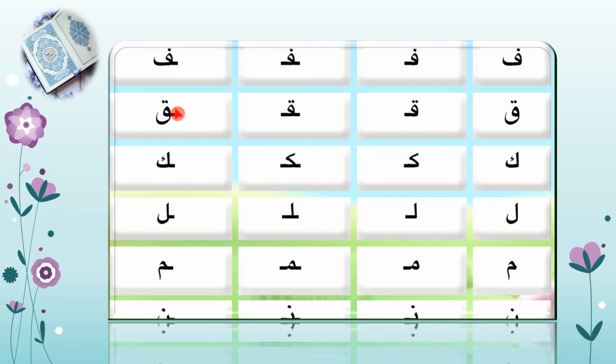Let's see kaf. Kaf has small different shapes. Kaf will be like this in the beginning of the word. Look at it, be careful, and maybe you will find the middle line here a little bit long, so we have to pay attention to it.